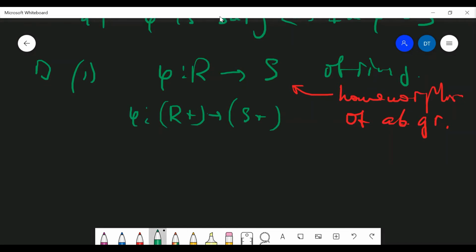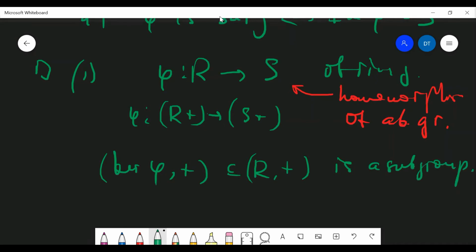But then by definition, the kernel is just the kernel of this homomorphism of abelian groups. So we know that the kernel with addition is a subgroup because of the corresponding result for homomorphisms of groups. It's a normal subgroup, but since everything here is abelian, every subgroup is normal, so it doesn't matter. So this is a subgroup.